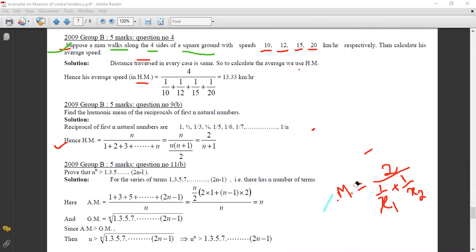He walks around the four sides at four different speeds. So to calculate his average speed, you have to find his average speed.